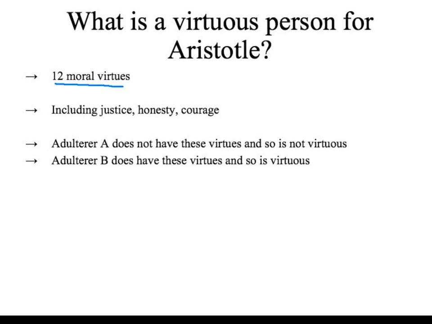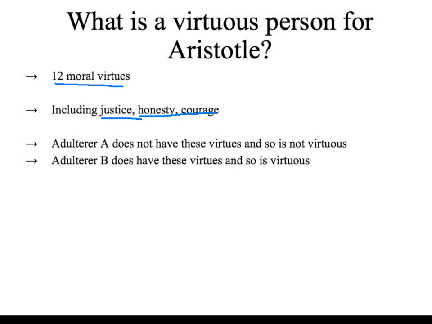And in particular you might make reference to these three: justice, honesty and courage, because they apply quite nicely to the example of adultery. Remember the question, explain Aristotle's virtue ethics. So you are going to need to explain how Aristotle developed the 12 moral virtues, using justice, honesty and courage as three examples of those virtues. But then we need to apply our issue of adultery to those virtues.